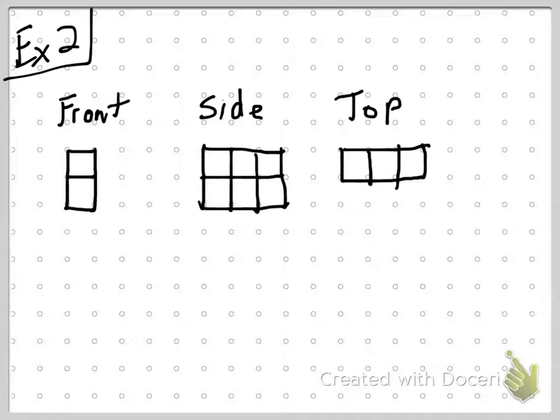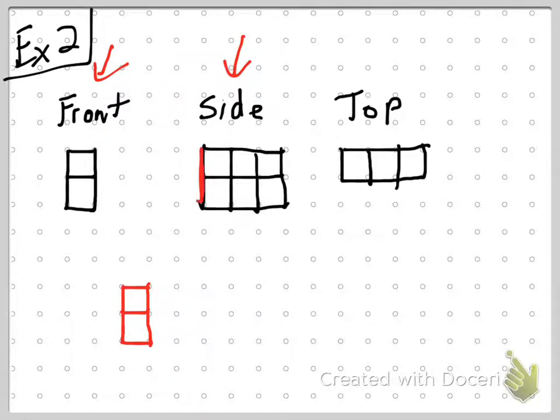Now what I like to do is pick a side. I usually start with the front. I don't know why I drew a question mark. I like to start there at the front and trace it out. And then I pick a matching piece of the figure. So then I'll go to the side next.